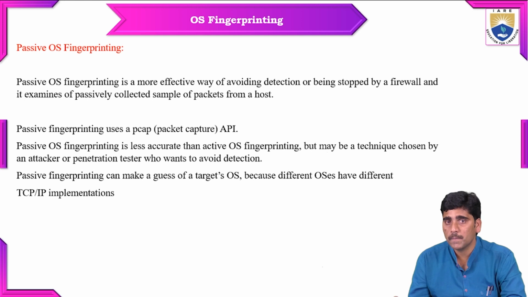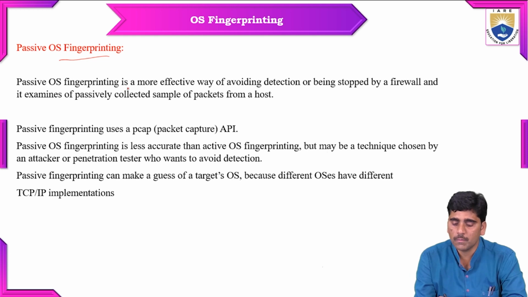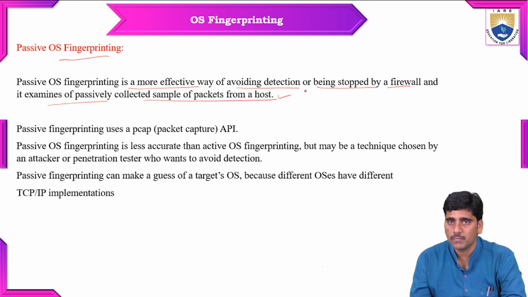And the second one, passive OS fingerprinting, which is a more effective way of avoiding detection or being stopped by a firewall, and it examines a passively collected sample of packets from the host.